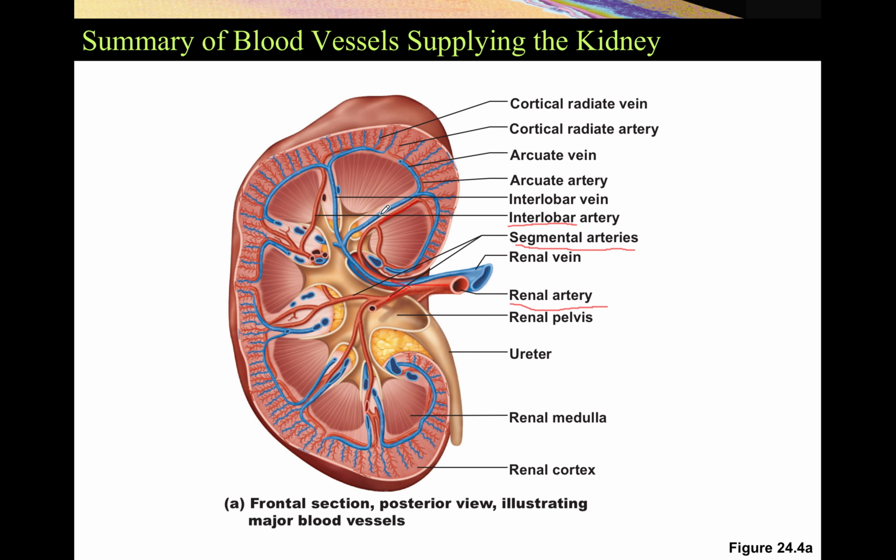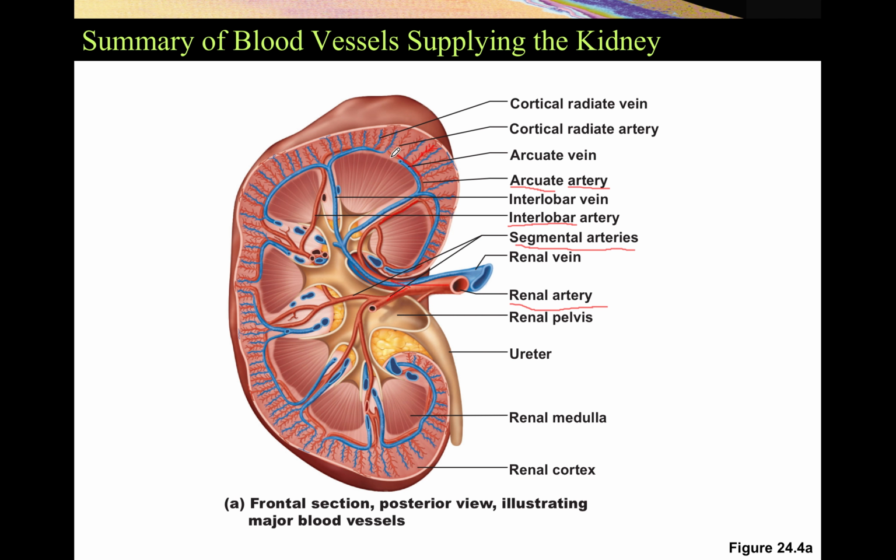Now as you go forward, you see this blood vessel that runs between the pyramid and the cortex. This blood vessel that you see both in blue and red, which means artery and vein, is referred to as the arcuate artery. Since we're talking about the arteries right now, it continues to form these tiny branches you see right here. Notice that they are radiating.